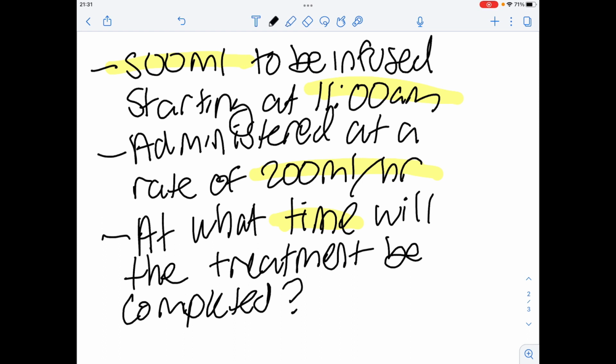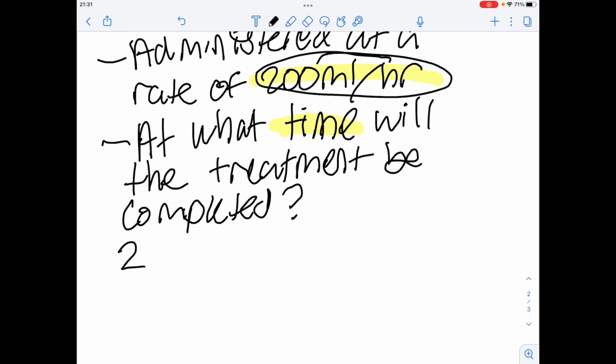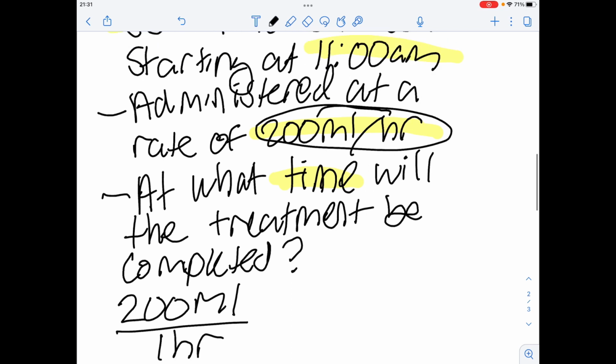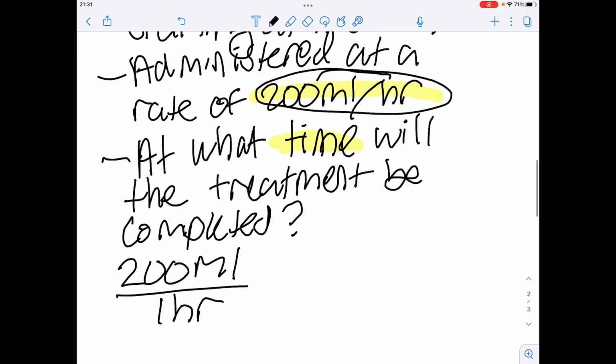So let's take the information we know and solve with it. I'm going to use the flow rate given as my given. So 200 milliliters per 1 hour. And we want to know how much time it will take with this 500 milliliters.